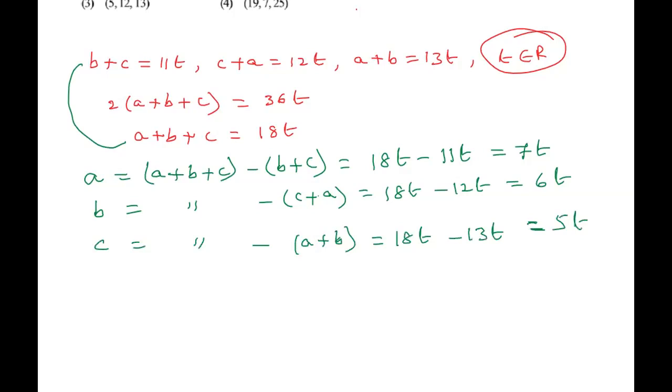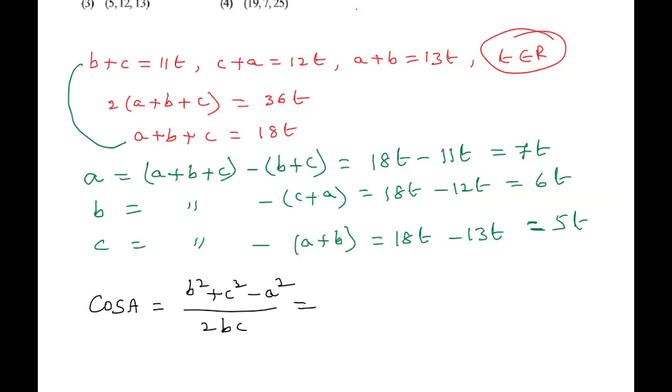Now I am going to find the cos A value. What is the cos A formula? (B² + C² - A²)/2BC. Substitute those values.